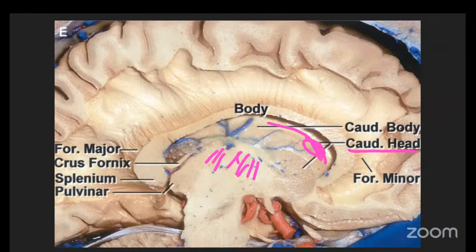But what is interesting here is, what do you see? What is this? Forceps minor, which is a part of? Corpus callosum. That's right. Forceps minor and forceps major are two different white matter tracts which are parts of the corpus callosum. Forceps minor is making some portion of the anterior wall of the frontal horn.